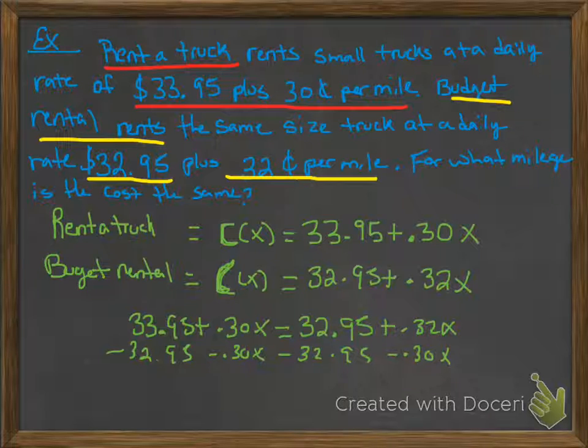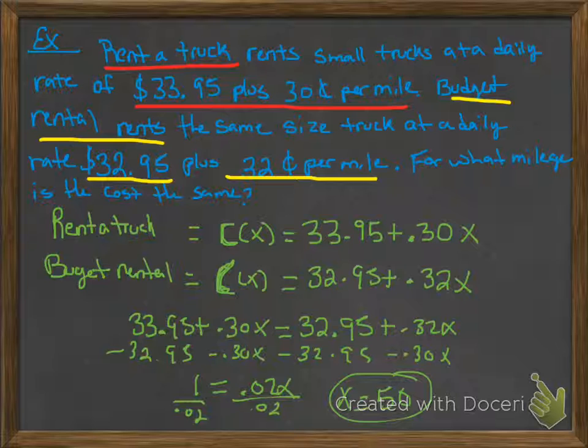I end up with 1 is equal to 0.02x. Divide by 0.02. I end up with x is equal to 50. So at 50 miles, they're going to cost the same. And if I plug this 50 back into either equation, I find out that they'll cost the same at $48.95.